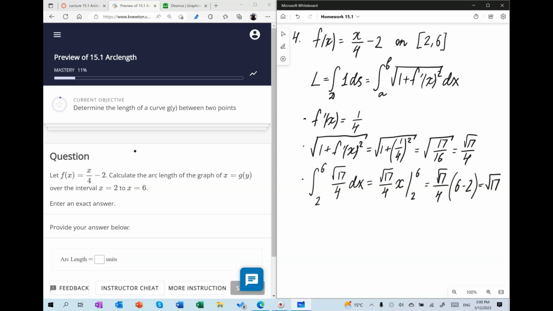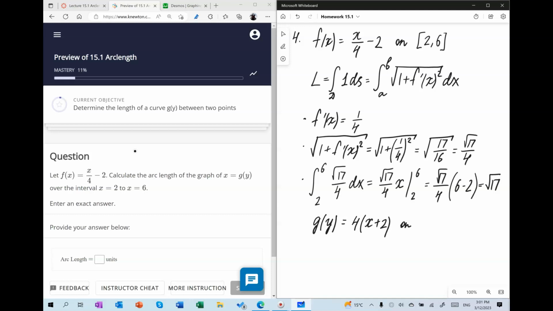Now, what do they mean by calculate the arc length of the graph of x equals g of y? Well, what they mean is that sometimes a function can be considered as an implicit function, and then we can pretty much rewrite it any way we want. So in this case, if we want to isolate x, then we're going to have this equation. So it's going to be pretty much we're finding the inverse function.